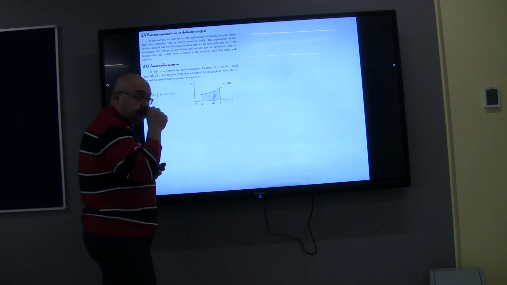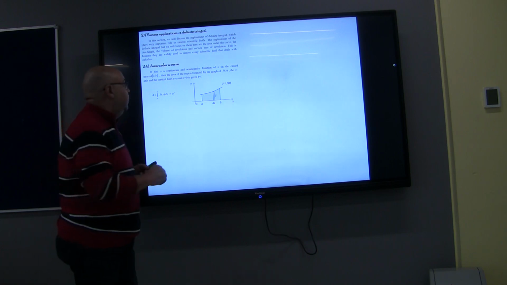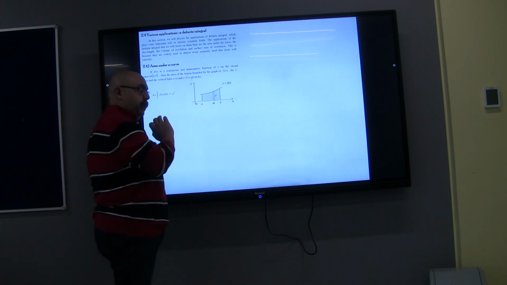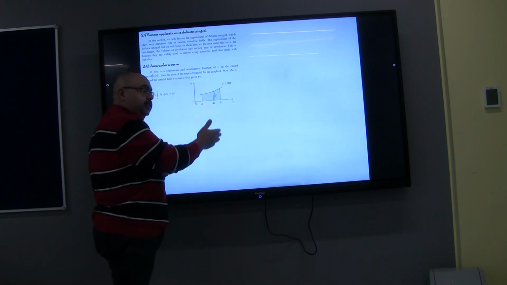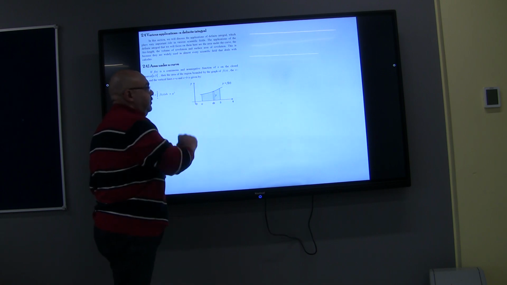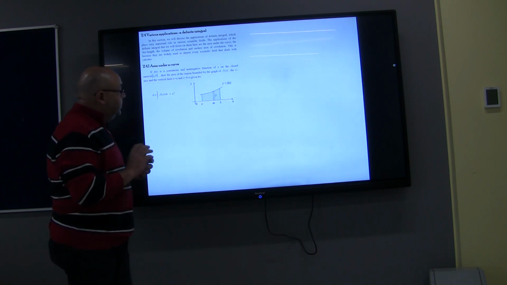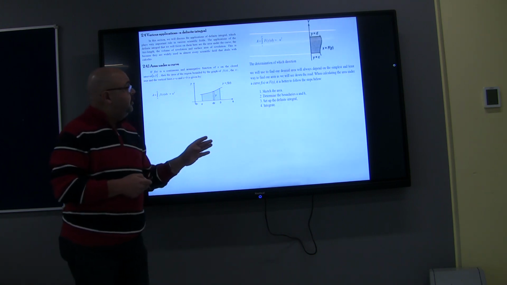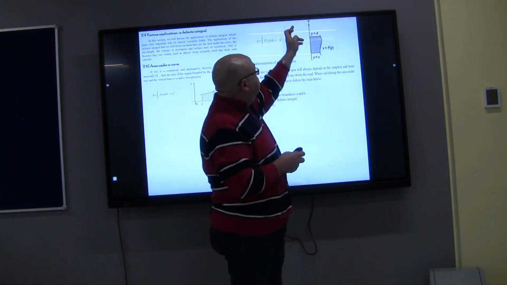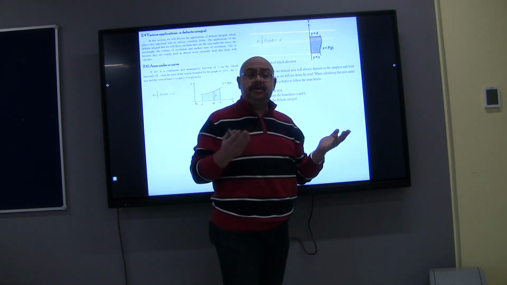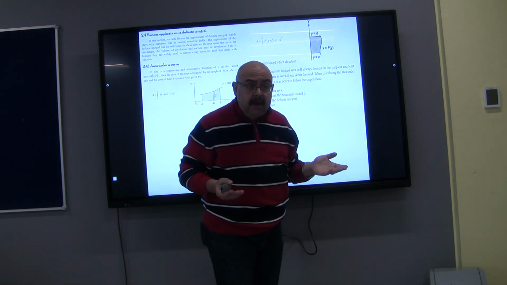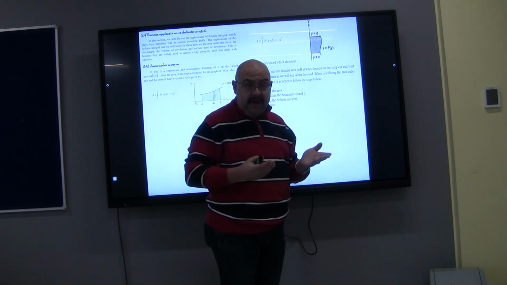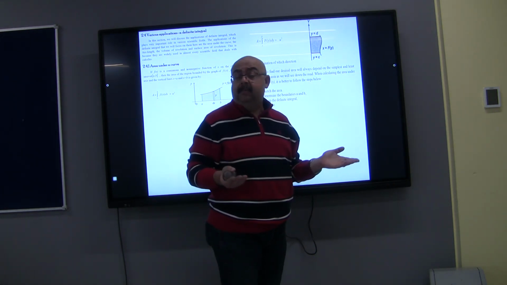So once more, if I do integration for the curve for any function starting from a to b, we will be able to evaluate the area under the curve. This is if we integrate with respect to the x-axis. In a similar manner, if we want to integrate with respect to the y-axis, and this is your decision to make, the easier way is going to be your choice.